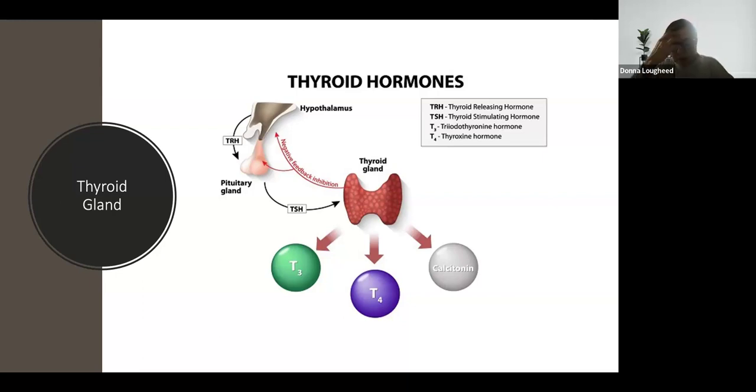Cells within the follicles of the thyroid produce and secrete thyroid hormone, a general name for two similar hormones, T4 and T3. And you can actually see what T3 and T4 are named in the right-hand corner of this slide. The primary role of thyroid hormone in adults is to regulate metabolism.